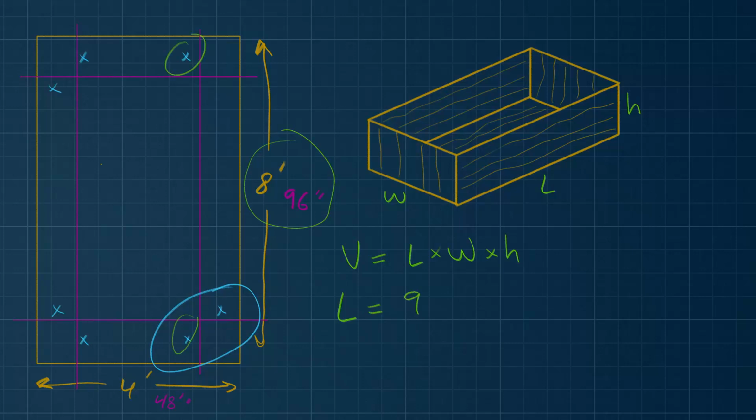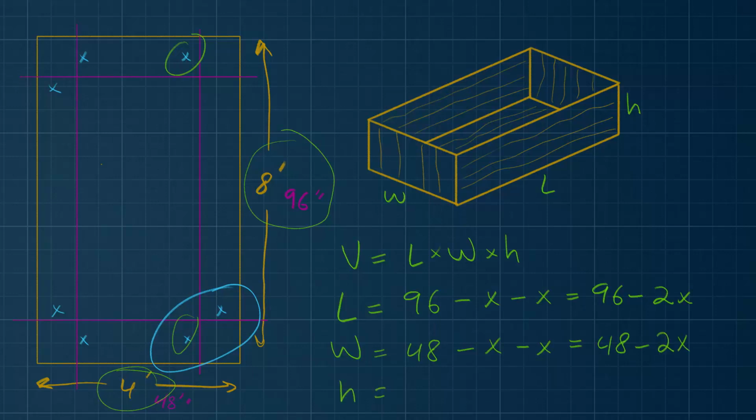We have 96 inches minus x and minus another x. So this is 96 minus 2x. Our width, very similar, it's 4 feet, 48 inches, minus an x minus an x. That equals 48 minus 2x. And our height is just x.